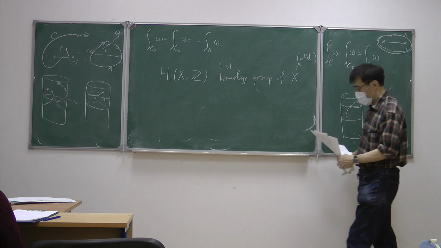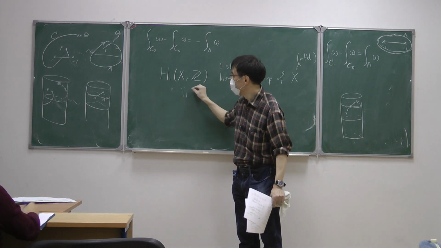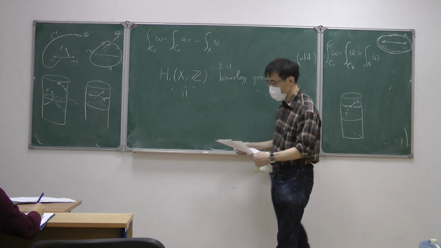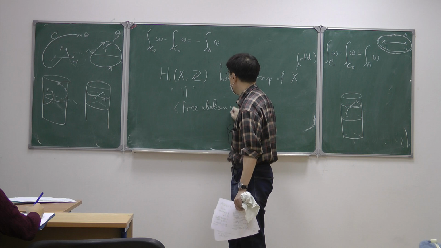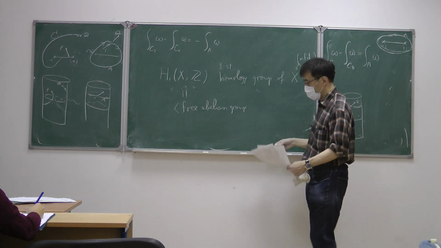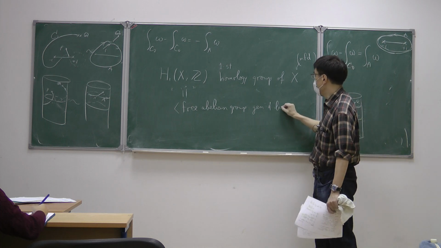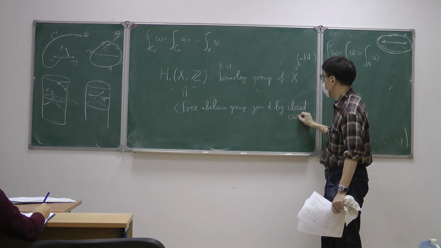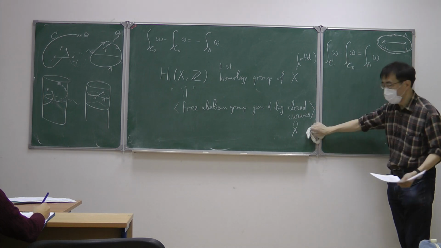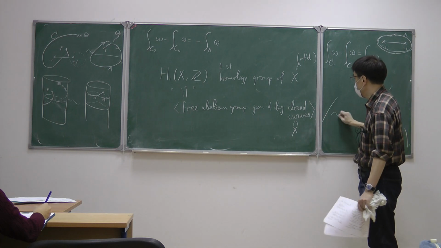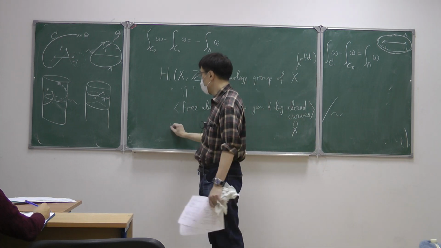So let's define, or maybe even better to put quotation marks, this is a quotient of a free abelian group generated by closed curves in this manifold over a certain equivalence relation.